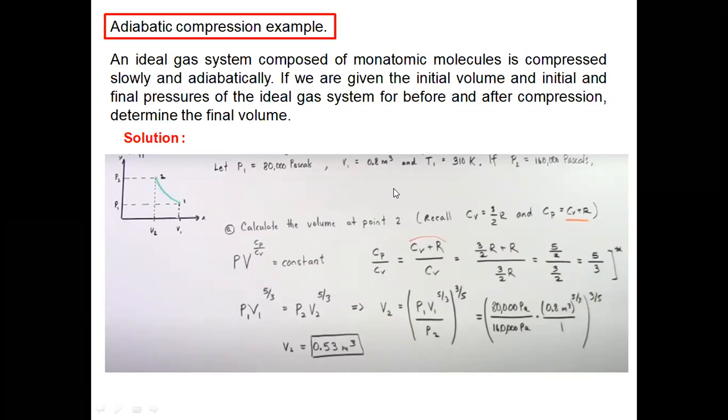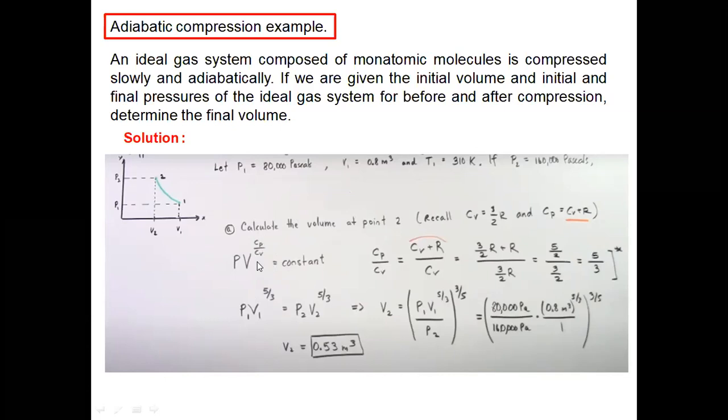هون مبدأ بالايديال جاس PV تساوي nRT وتساوي PV على RT تساوي constant. No, we have to use the specific heat at constant pressure and the specific heat at constant volume.